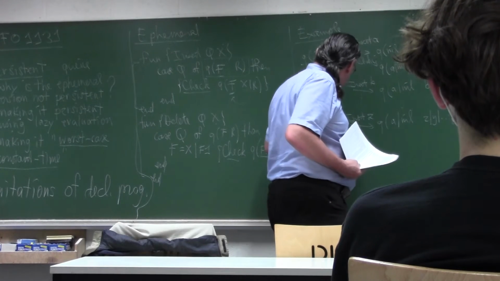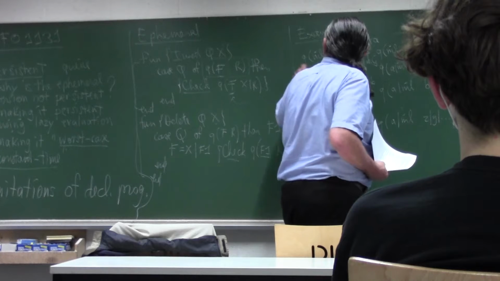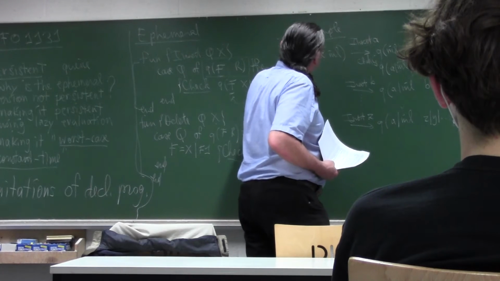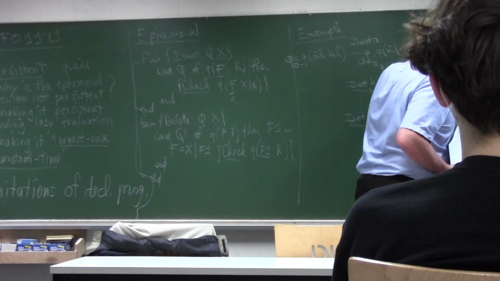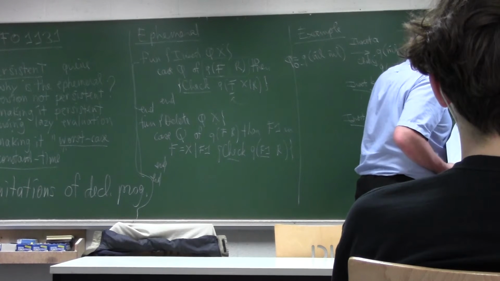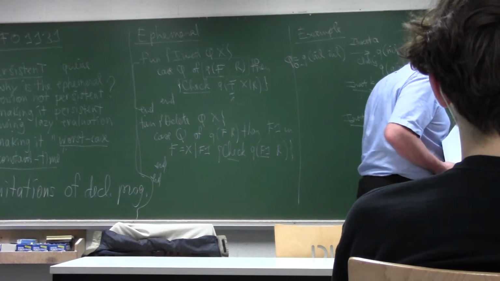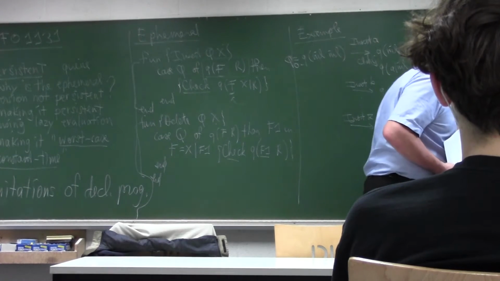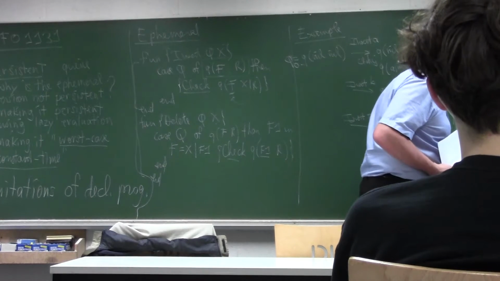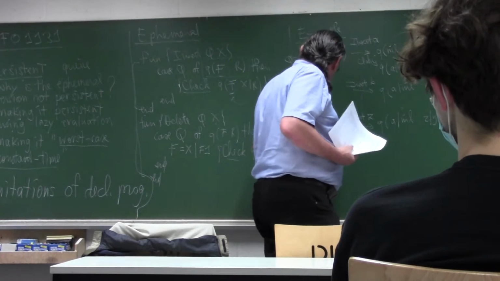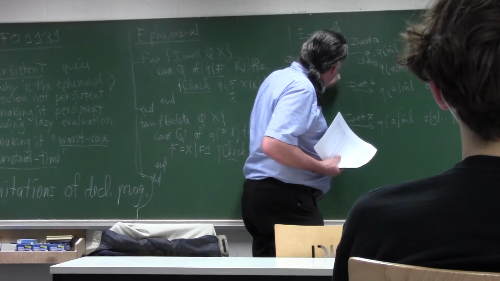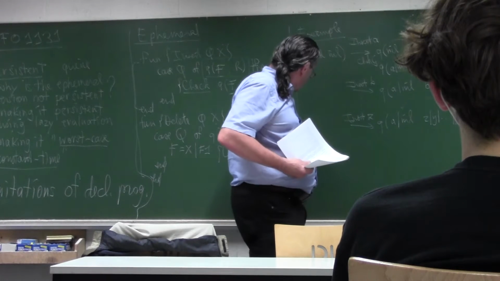Let's say this is Q0, this is Q1, Q2, and whatever, this is Q26 or something like that. So we have Q26. We have done all these inserts and we get to this.